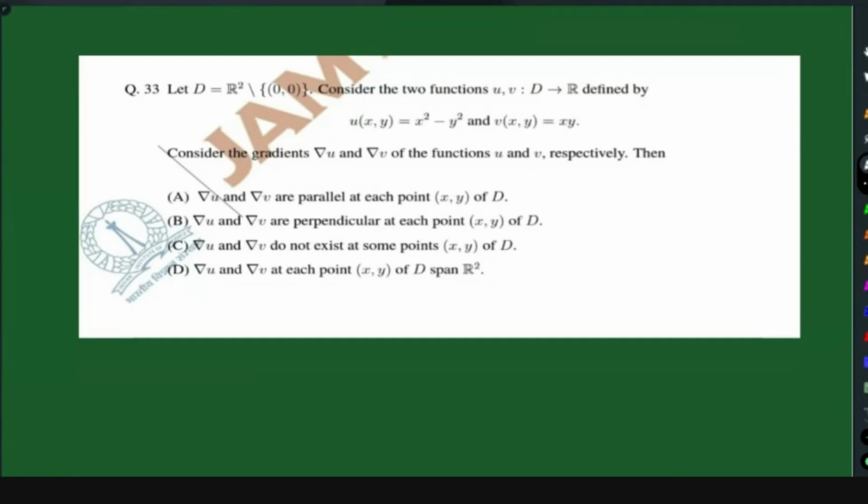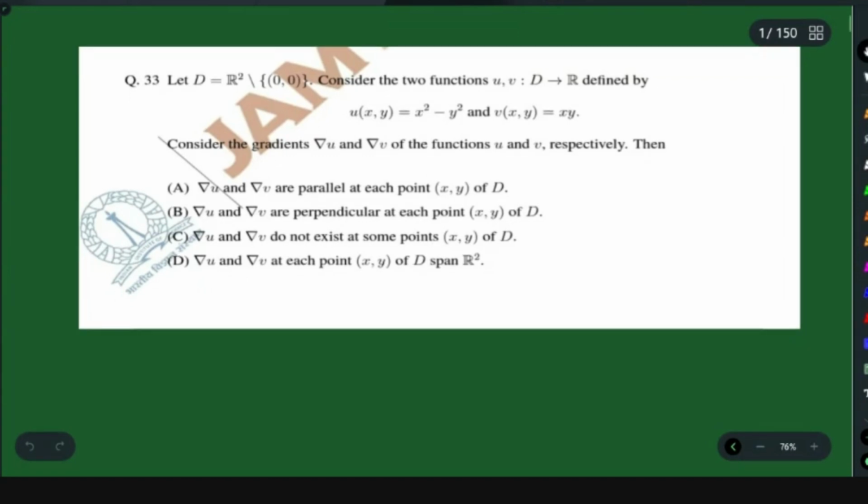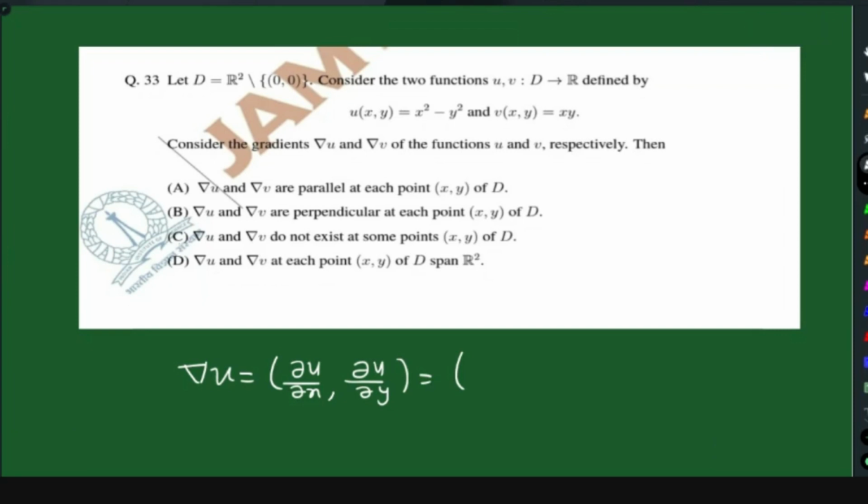First you compute del U and del V. So what will you get for del U? Del U is the gradient, right? It will give you a vector: dou U by dou x and dou U by dou y. You can just compute: dou U by dou x is 2x and dou U by dou y is minus 2y.